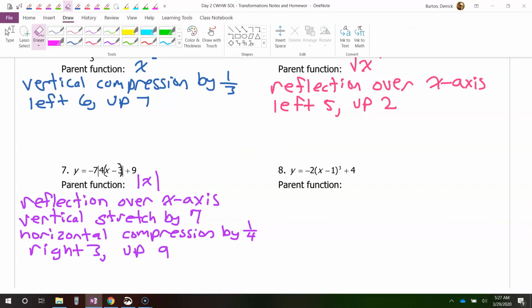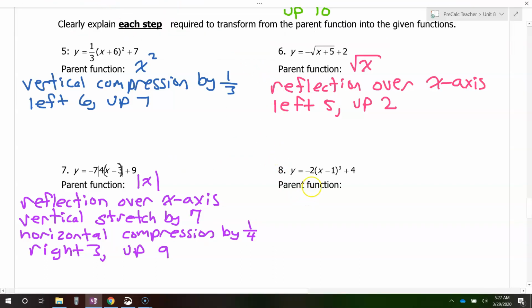All right. Last one. The negative 2 in the very front is going to be a reflection over the x-axis. The 2, ignore the negative sign. Because the 2 is bigger than 1, that's going to be a vertical stretch.